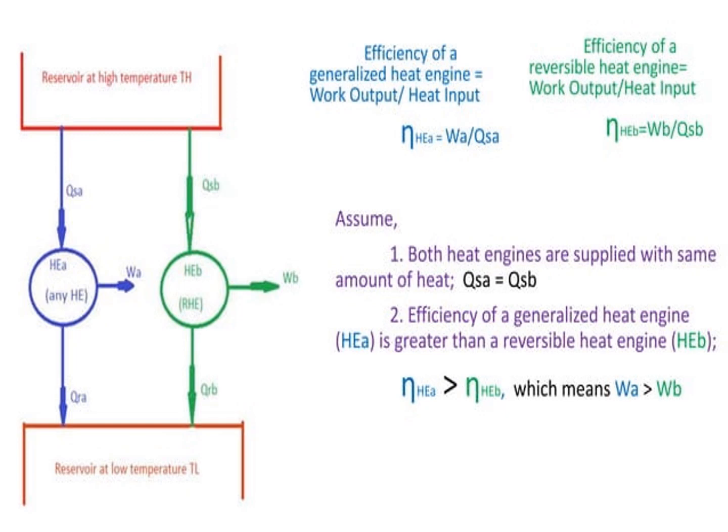Since efficiency is defined as the ratio of work output to heat input, both the heat absorbed and the heat rejected are less than the corresponding values for the reversible engine. So a reversible engine is more efficient than an irreversible engine. First we made the assumption, and then the statement is proven that the reversible engine is more efficient than the irreversible engine.